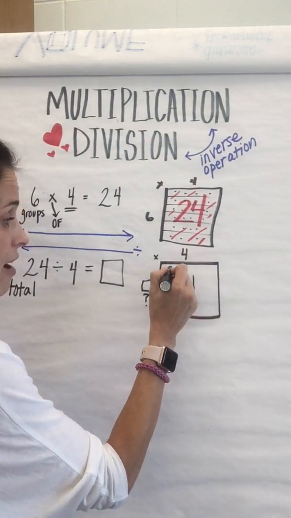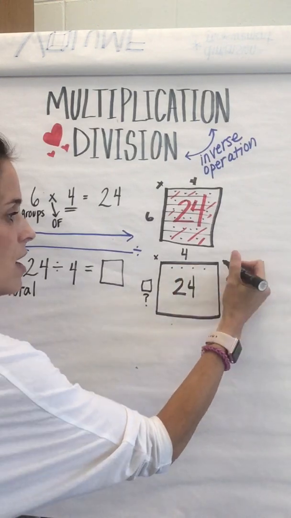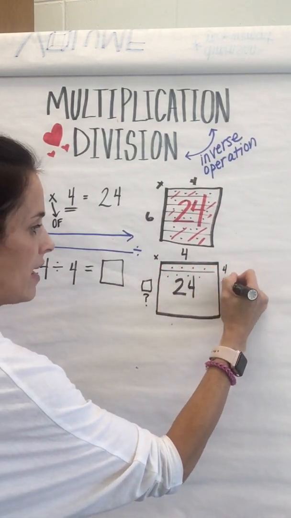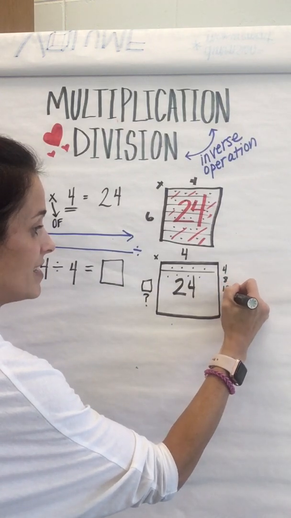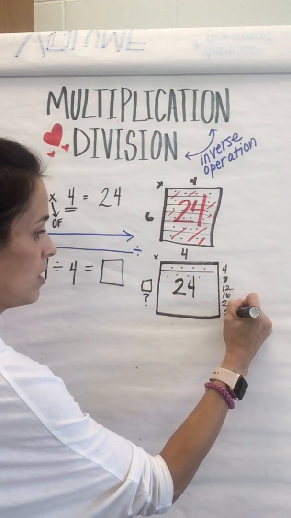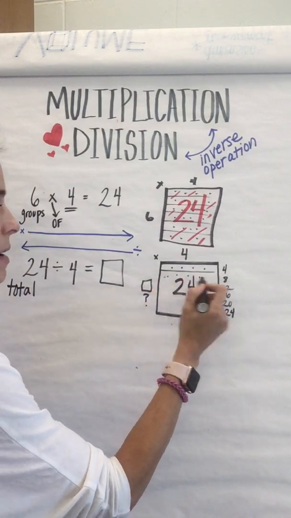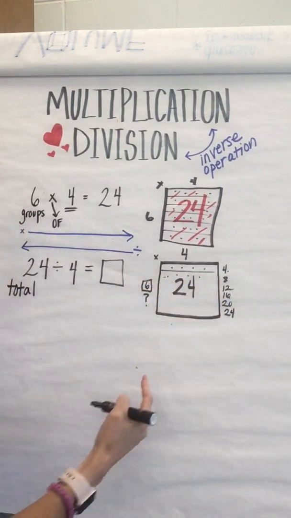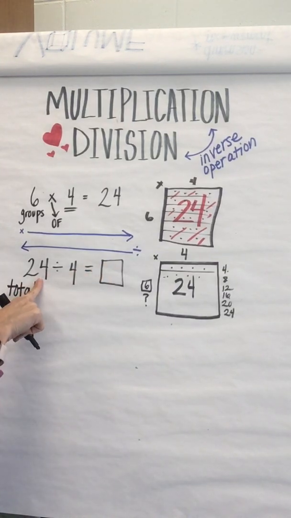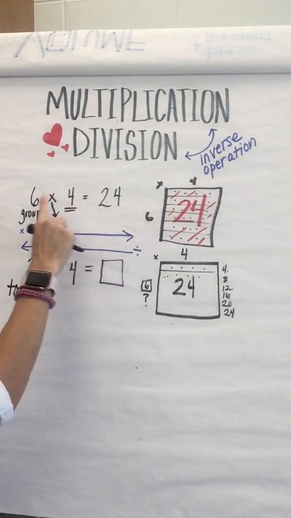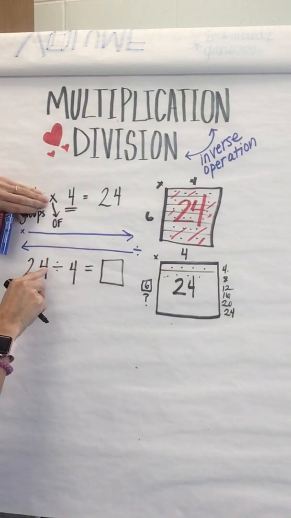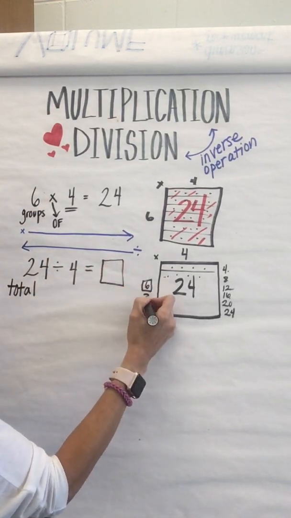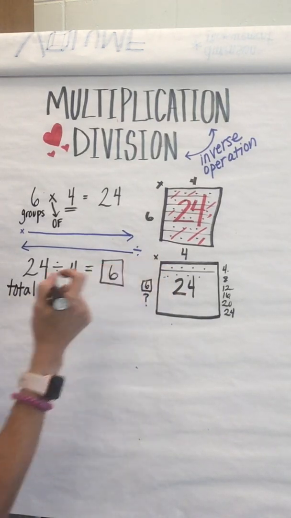I could start counting. 1, 2, 3, 4. 4, 8, 12, 16, 20, 24. I am going to end up making 1, 2, 3, 4, 5, 6 groups. When you solve this, you're really finding a missing factor. So 24 divided by 4, I found the missing dimension is 6.